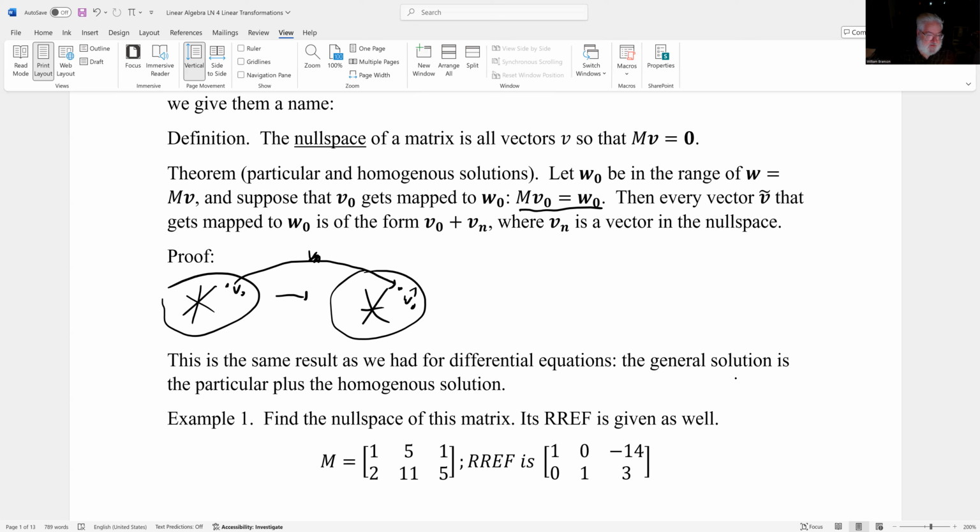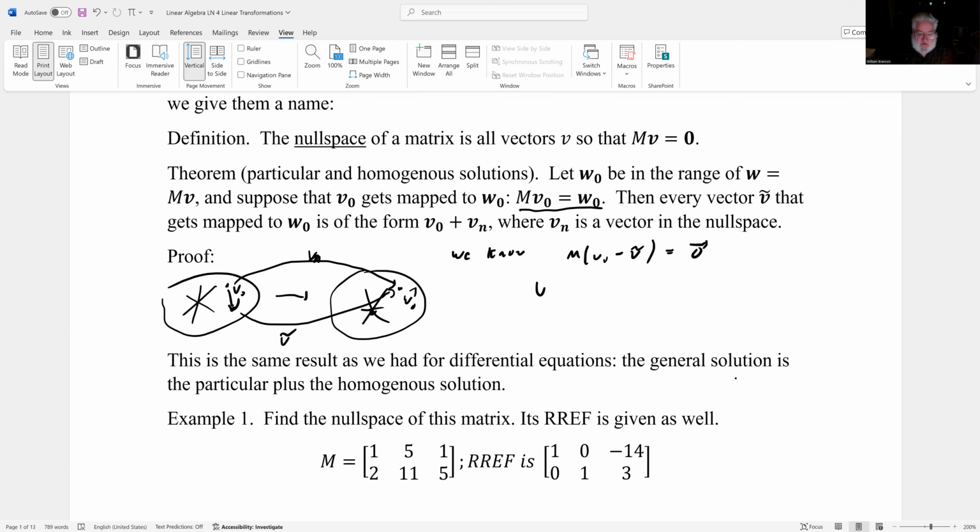So if we have another vector, V tilde, that also gets mapped to W0, then we know that M times V0 minus V tilde gets mapped to 0. The difference between these two is mapped to the origin.